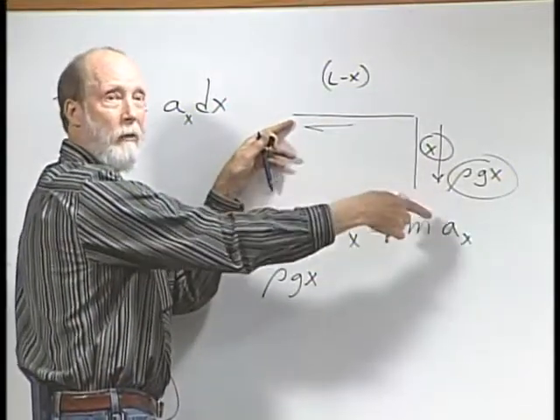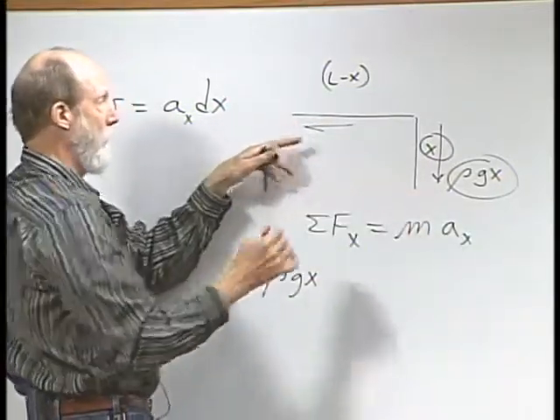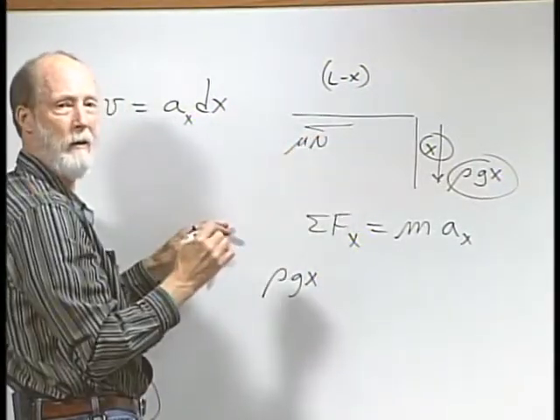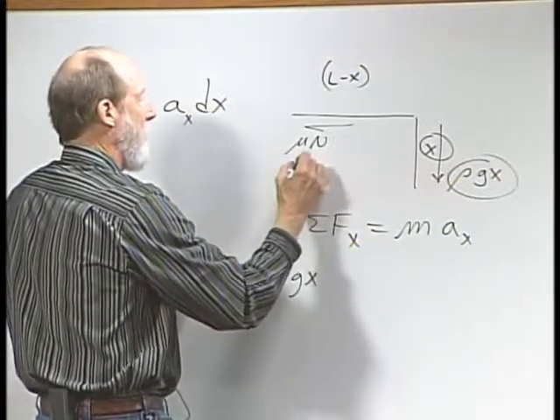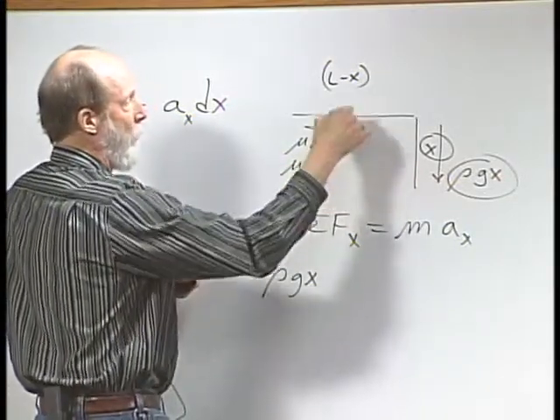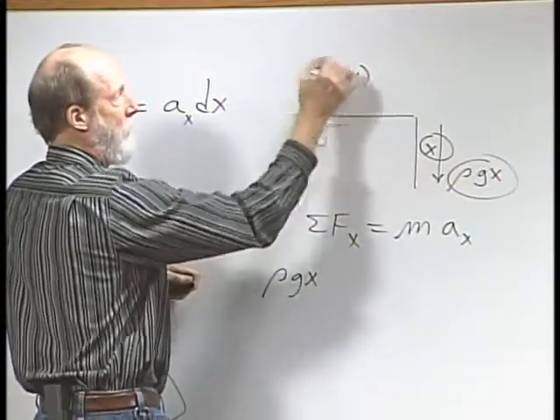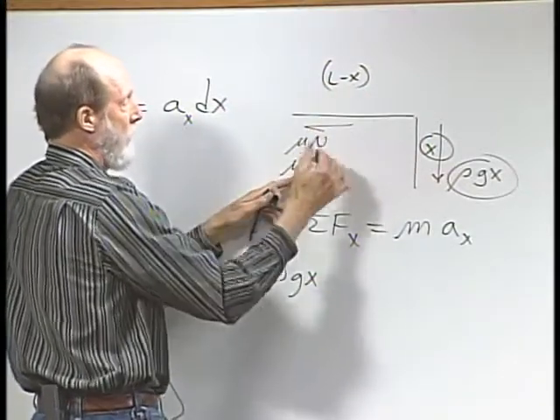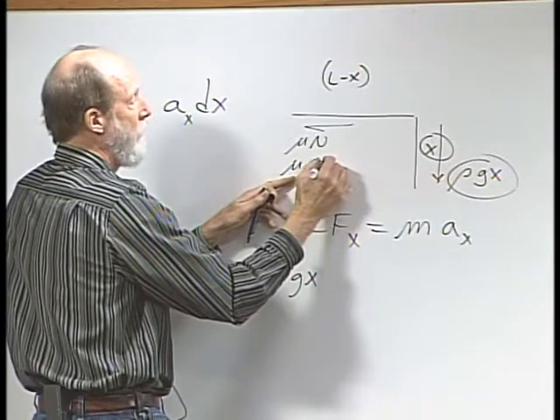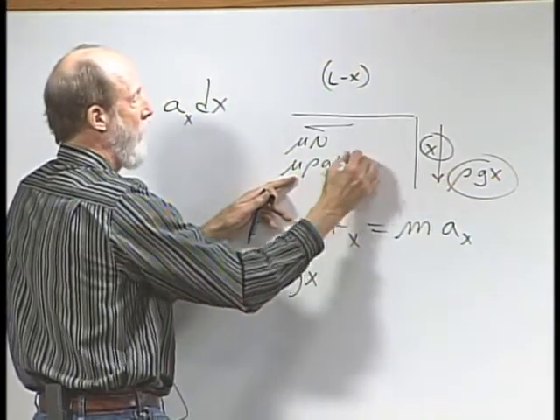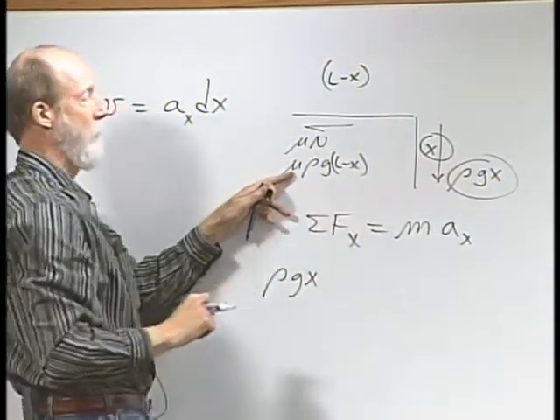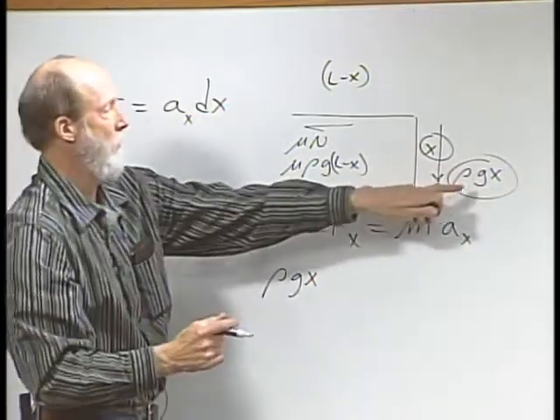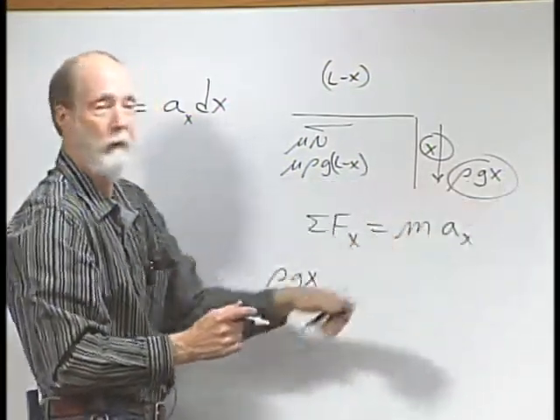There's an opposing force here, which is mu times the normal, and the normal is the weight of this piece of length L minus x. That's going to be rho g (L minus x) times mu, and that's opposing this rho g x force.